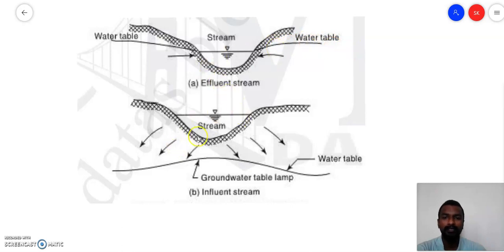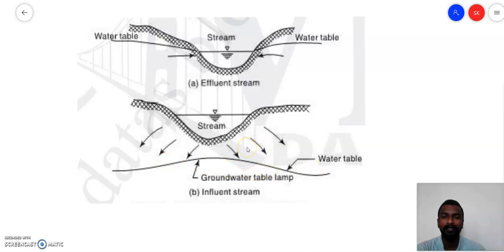In this case, water from the stream will discharge towards the water table, so it contributes to the groundwater. But after a few days or few months, this stream becomes dry, because it will not be able to supply water for the entire year to the water table or groundwater.